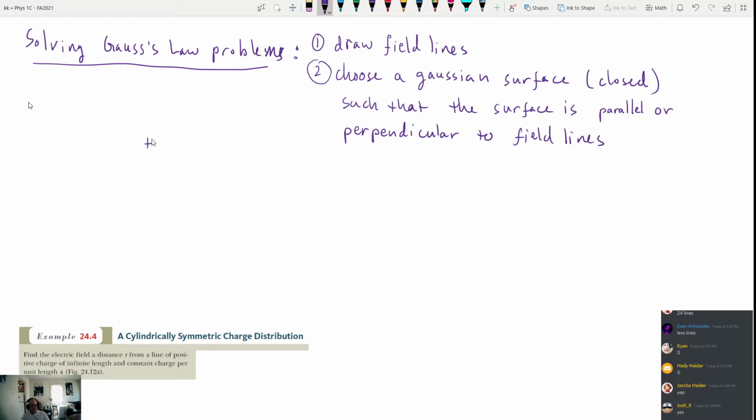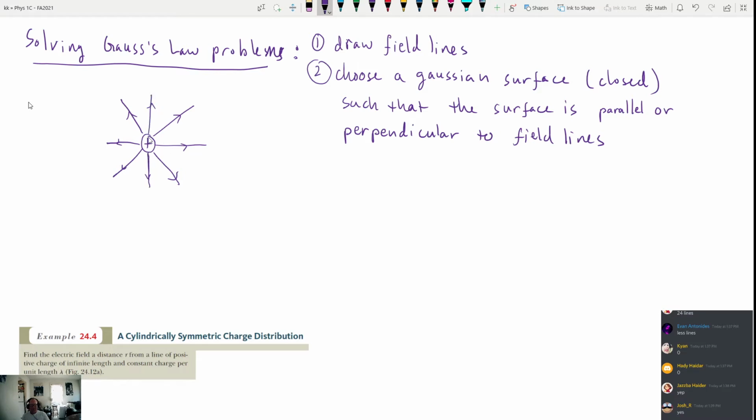Like, if I chose a positive charge, step 1 would be draw field lines, right? And step 2 is to come up with a surface such that all of these field lines are either perpendicular or parallel to the surface.